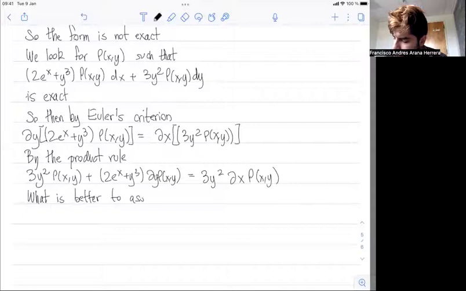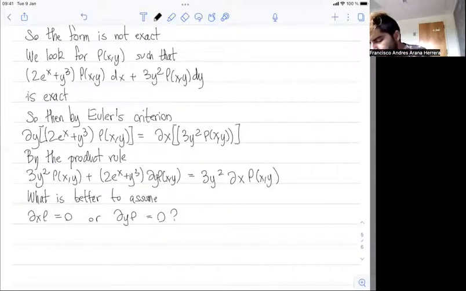Do we want to assume that dx rho is 0 or dy rho is 0? Well, if we look at this expression here, it would seem that if I assume that dy rho is 0, this whole complicated thing will vanish, and then I'll get a very simple expression for rho xy.